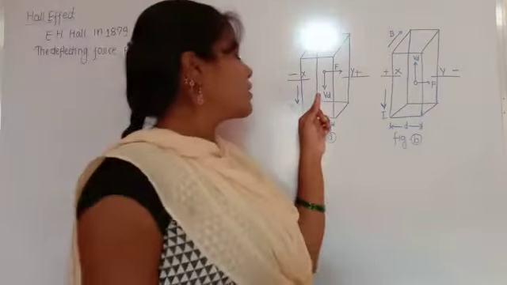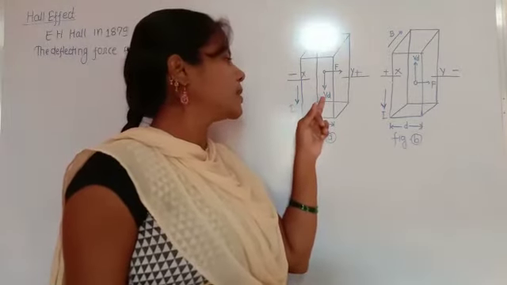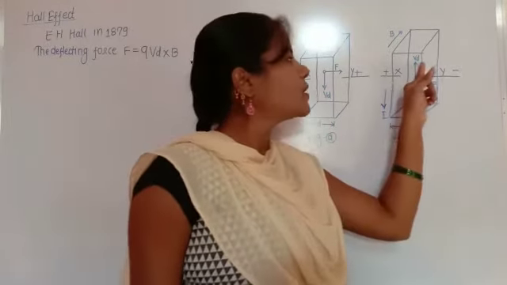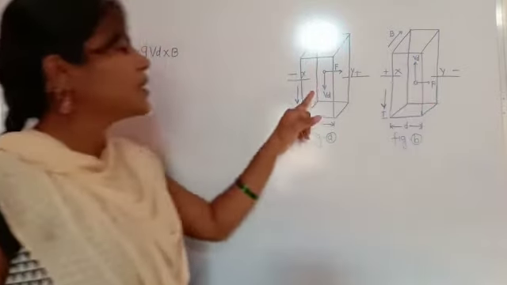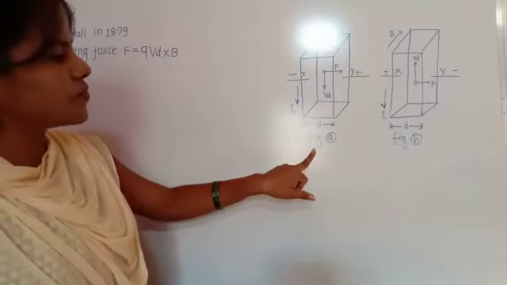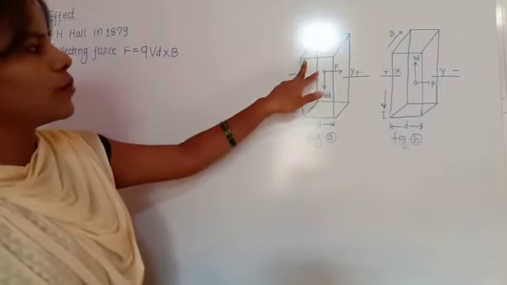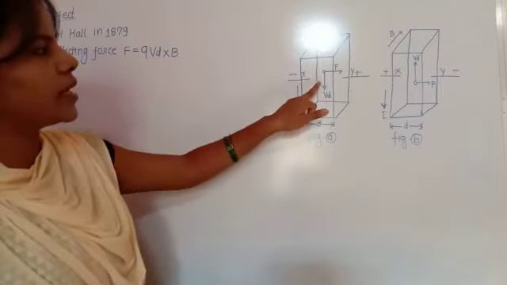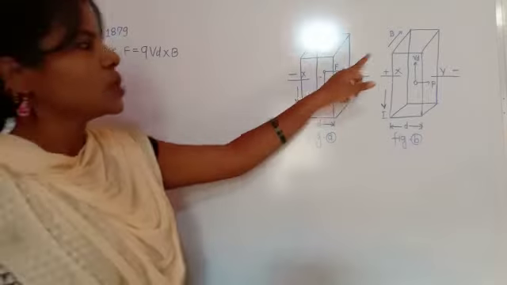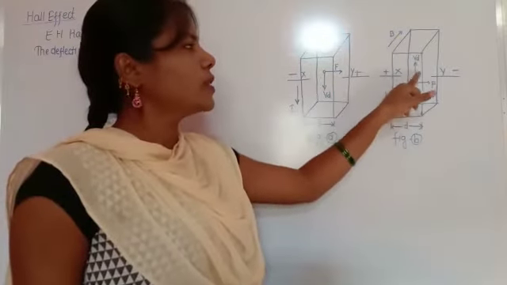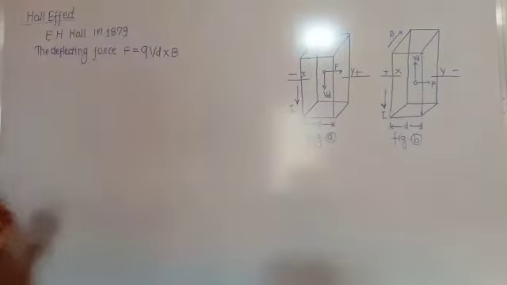This Vd is nothing but the drift velocity. The direction of drift velocity in the first figure A is downward, at right angle to the magnetic induction. Here also, the drift velocity of charge carriers and the magnetic induction are at right angle to each other.